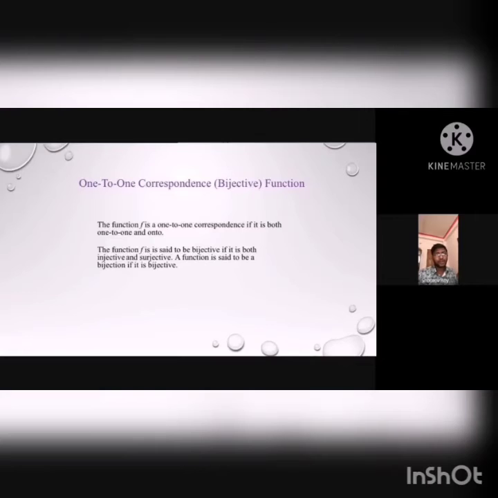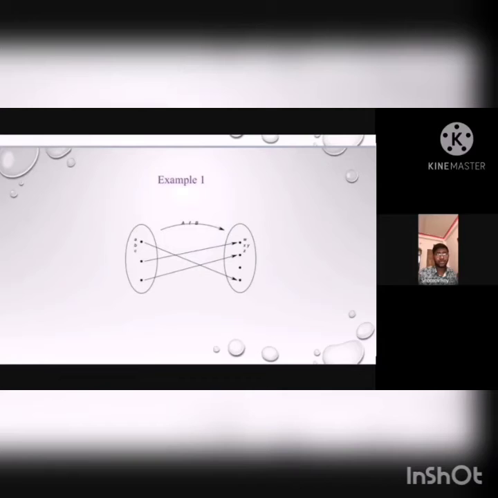In example 1, in mathematics a bijection, or bijective function, one-to-one correspondence or invertible function is a function between the elements of two sets, where each element of one set is paired with exactly one element of the other set, and each element of the other set is paired with exactly one element of the first set.